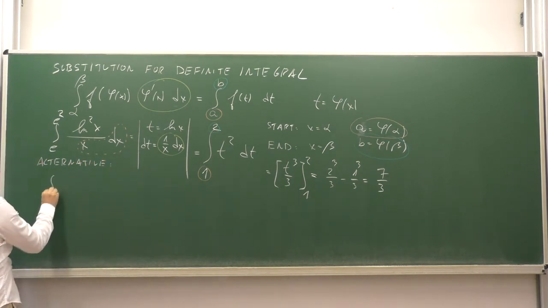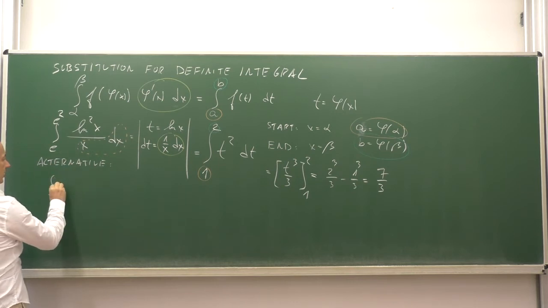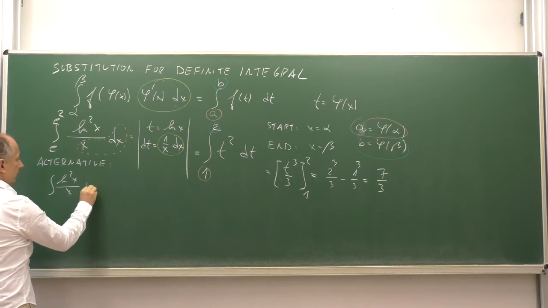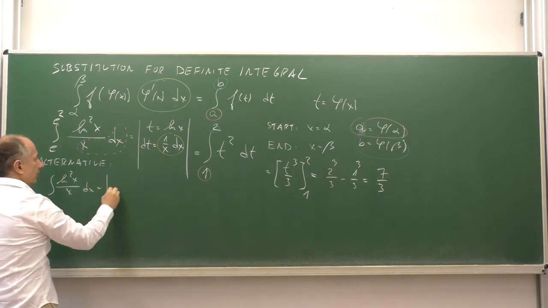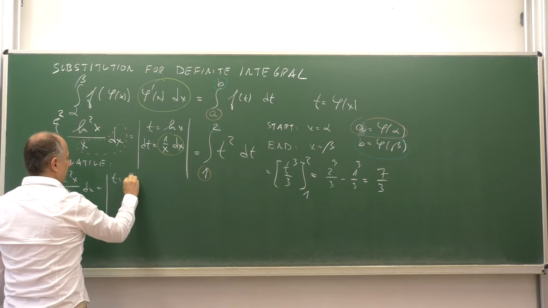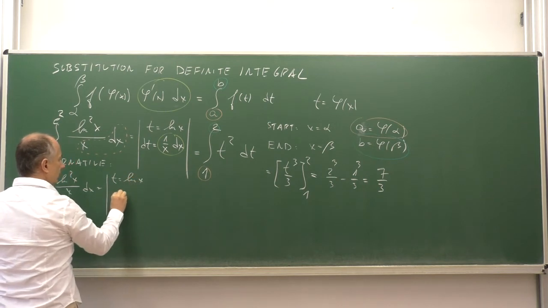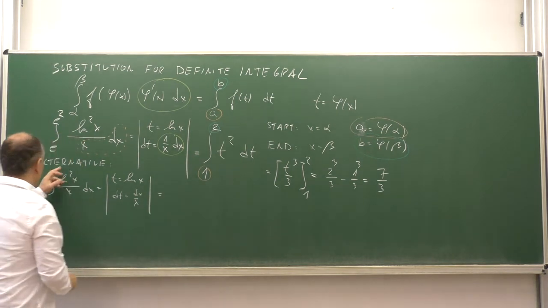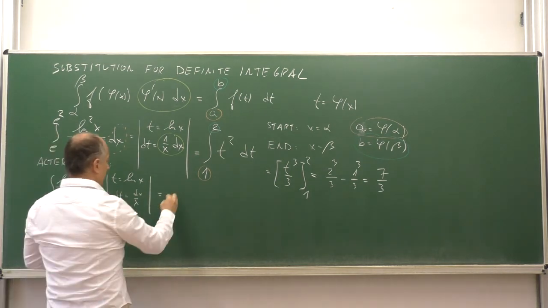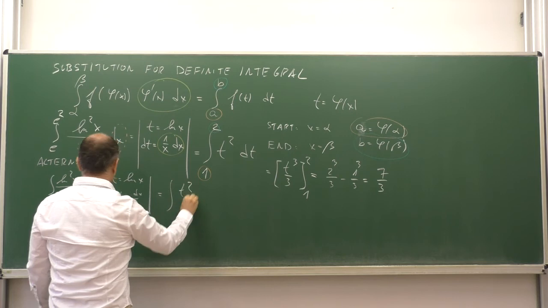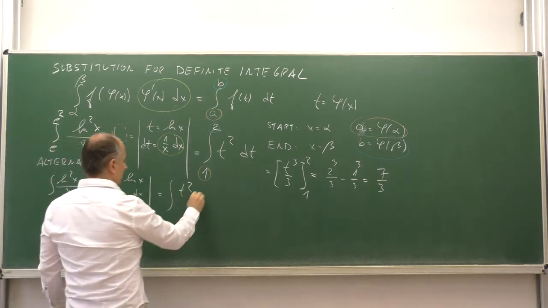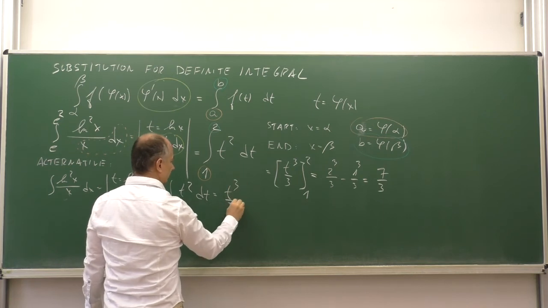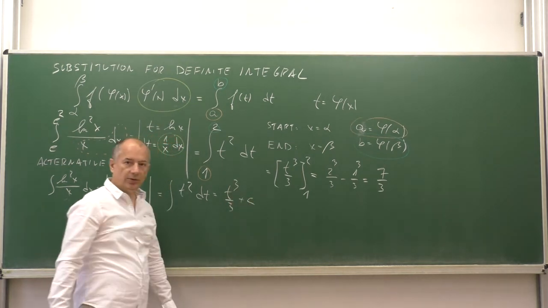First we compute the indefinite integral, that means no limits, just a function, logarithm square of x divided by x dx. We use again the same substitution, t is logarithm of x. So dt is dx divided by x. And we have logarithm square is t squared. Dx divided by x is dt, which is t cubed third, possibly plus c.